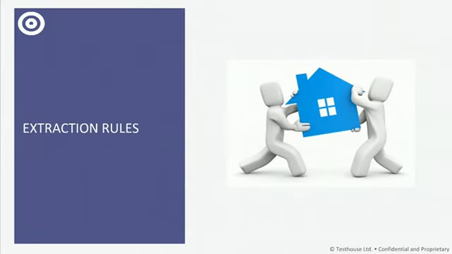So in order to deal with dynamic parameters, you have to know how to use extraction rules. So that's the next video, the next demonstration, how to actually deal with extraction rules.